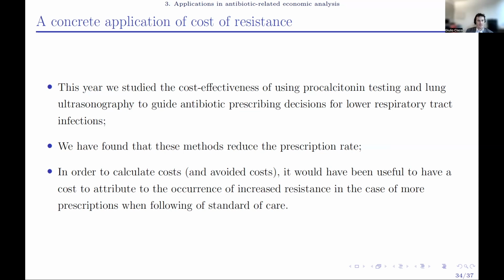So I just considered the costs that were available. So, for example, the treatment cost and the medical cost basically, and the productivity loss, but not the cost due to the resistance. So, if we want a precise estimation of this, we should also include the cost of resistance.